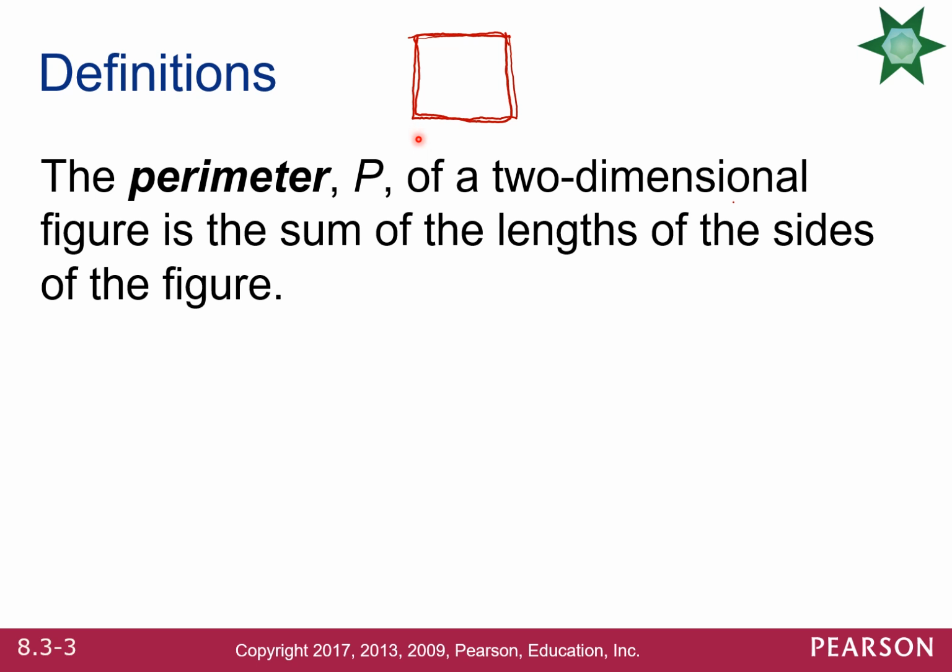So in those cases you will need to know the perimeter of your yard so that you can buy the appropriate quantity of fencing. That's what is meant by perimeter. It is the sum of the lengths of the sides of a figure.